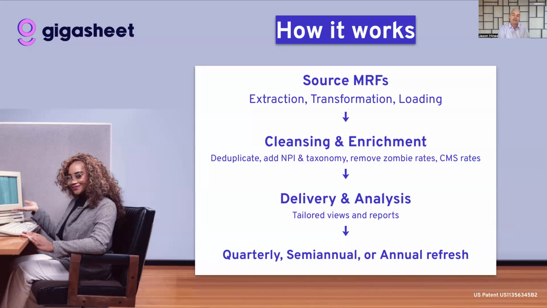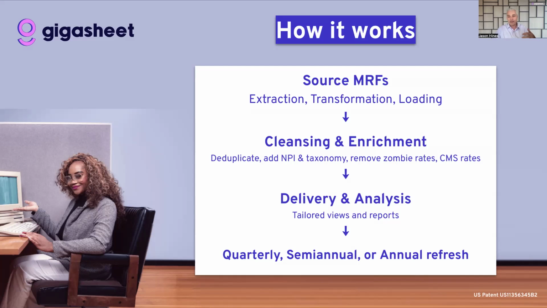The other thing I'll mention is this platform, when we sell our solution, includes access to our data catalog of pre-processed data for payers and hospitals, but it also serves as a workbench. So if there's data that you want to work with that isn't in our data catalog, you can drop those files into Gigasheet and it will process them and turn them into basically a spreadsheet automatically. So we'll talk a little bit about that.